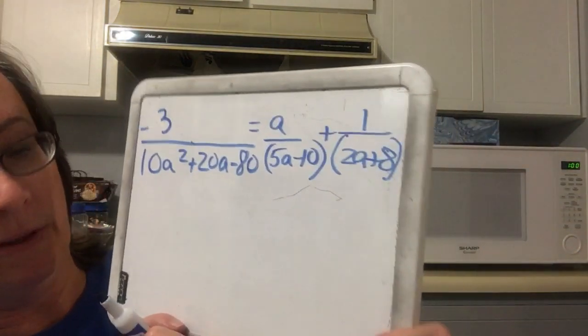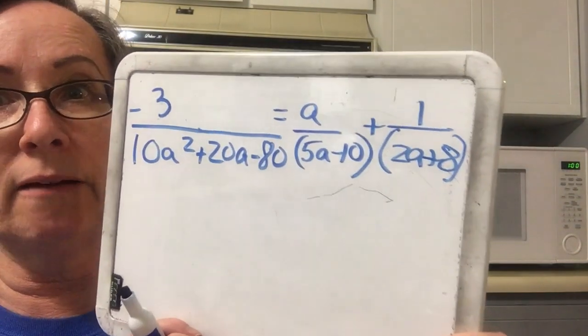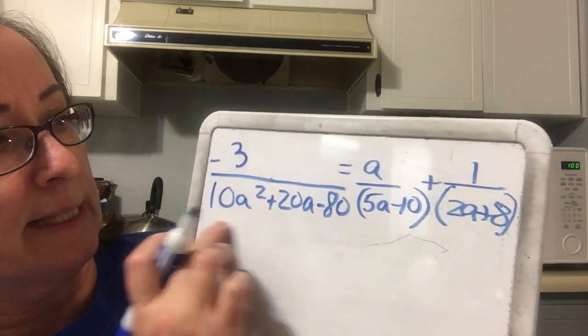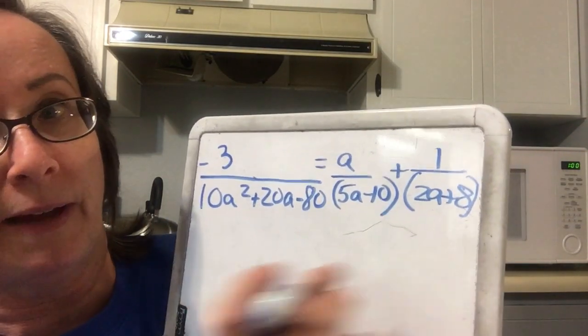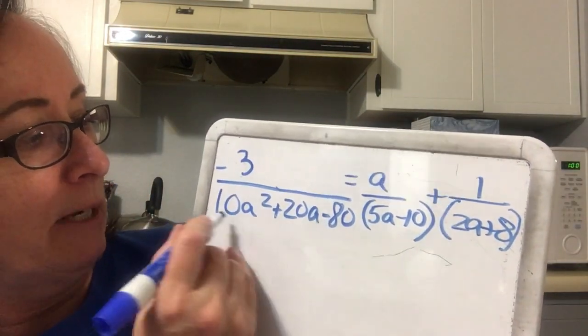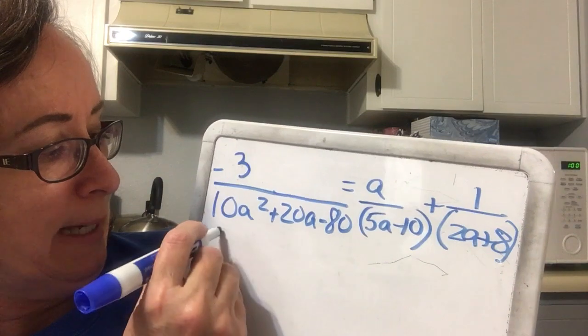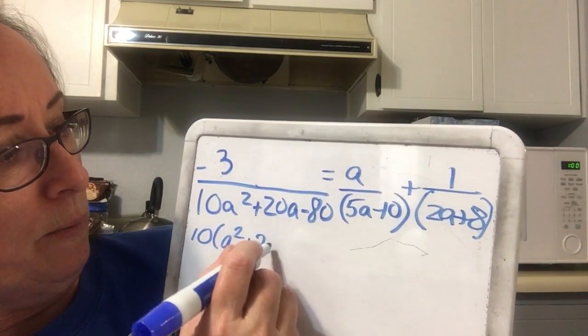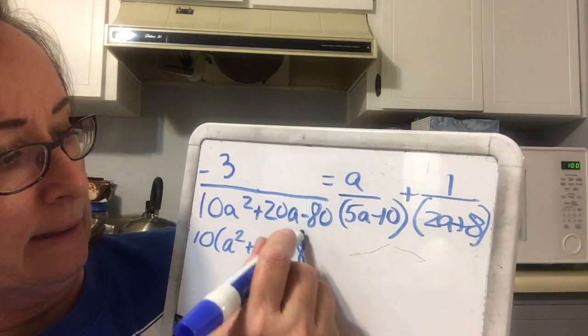Okay, so I have the problem all written down, and it's very crowded. But can I factor this denominator? I have to factor, remember, to build an LCD. So this denominator has a 10 in it, so I'm going to pull out a 10 and get a squared plus 2a minus 8.